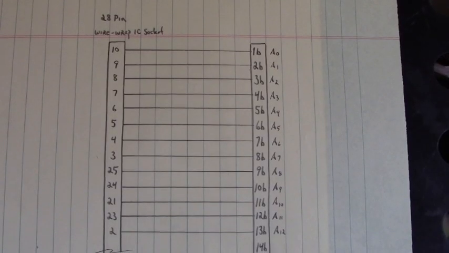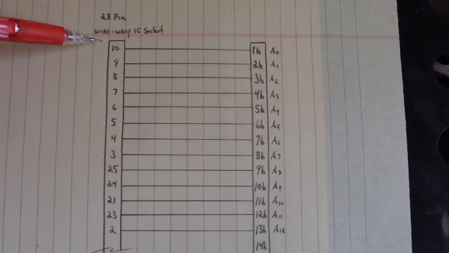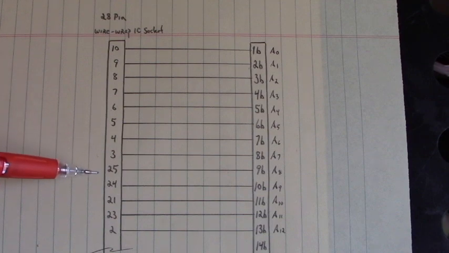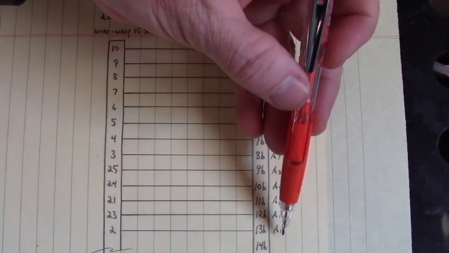Now, if you pull up the data sheet on the 28C64 E-square prom, pins 10, 9, 8, 7, 6, 5, 4, 3, 25, 24, 21, 23, and 2 are the addressing pins. Here's A0 through A12 addresses on that E-square prom.